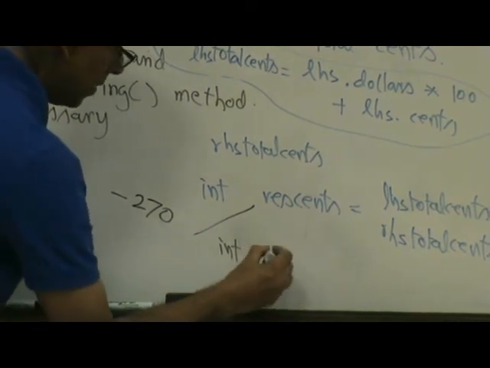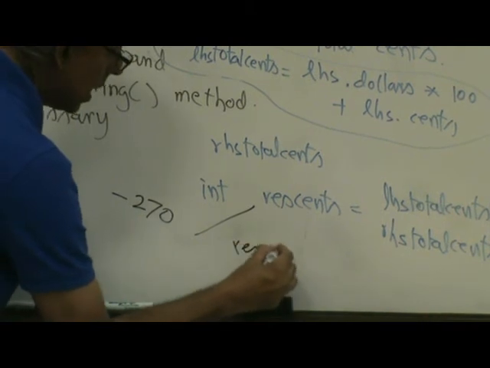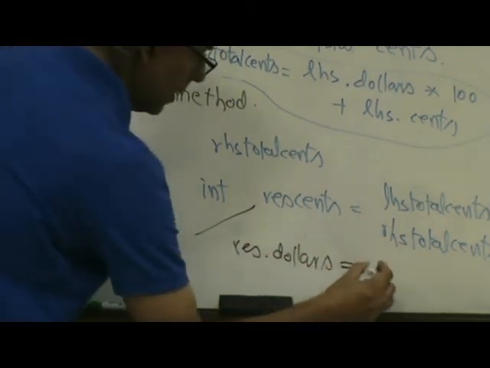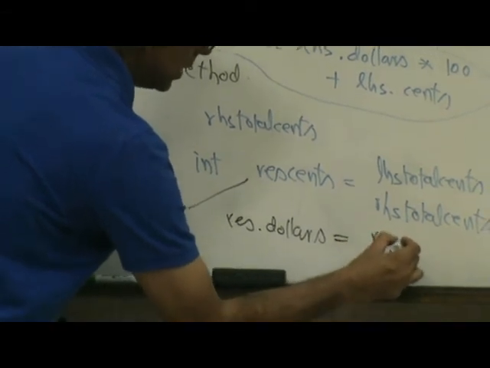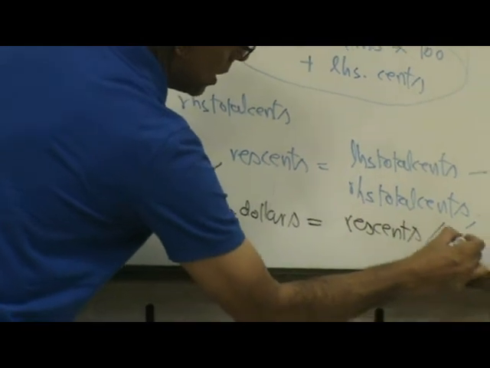So you will say res.dollars equal to res cents divided by 100.